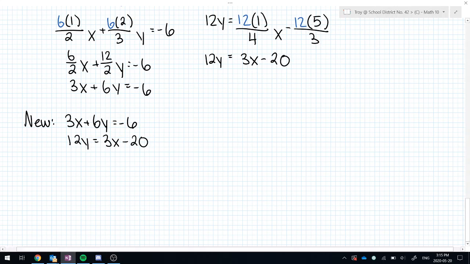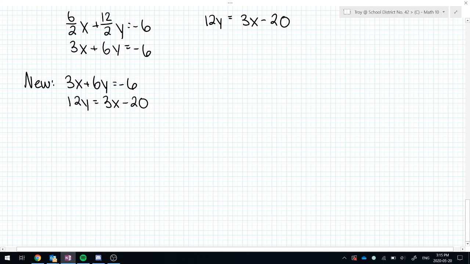Okay, so let's solve this real quick, and then we'll be done. So here, taking a look, all of the variables have a coefficient, so it doesn't really matter which one we pick here. It's all going to require the same amount of steps.